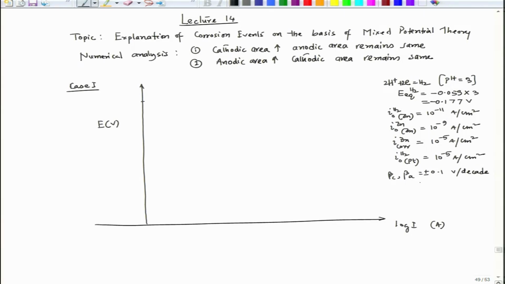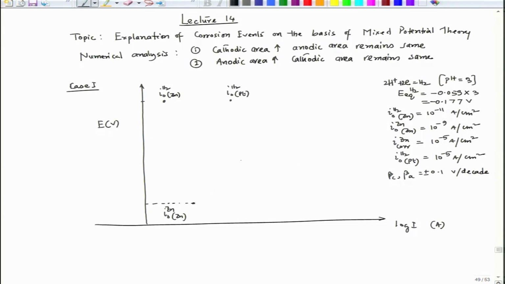Now, if we try to plot them, this becomes I0 hydrogen over zinc, and this becomes my I0 zinc over zinc, which is 10 to the minus 9. So the relative position will be like this, and then this point becomes my I0 hydrogen over platinum.